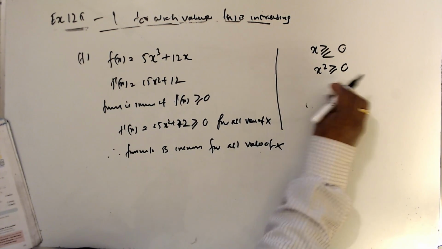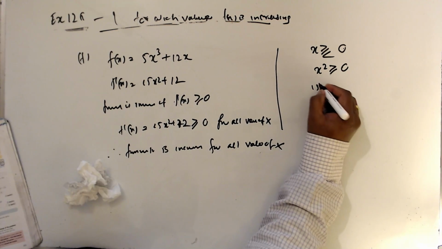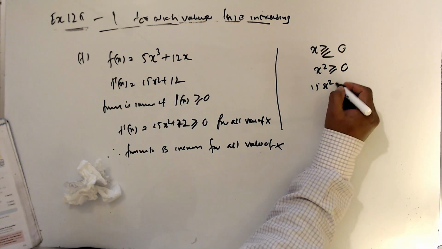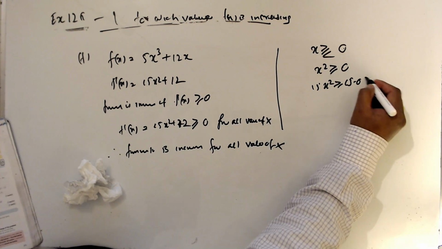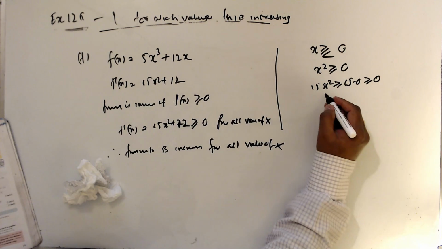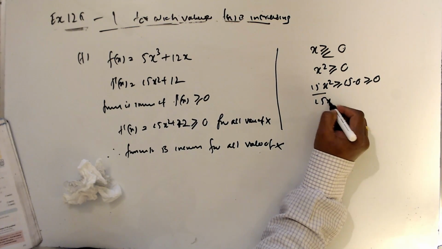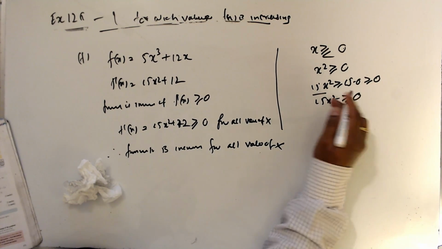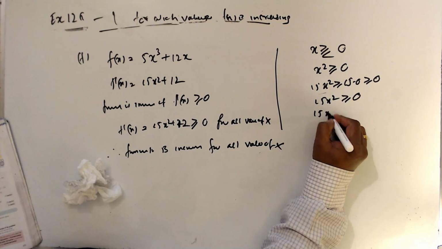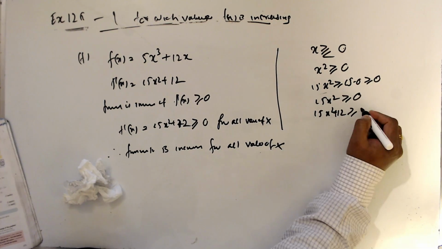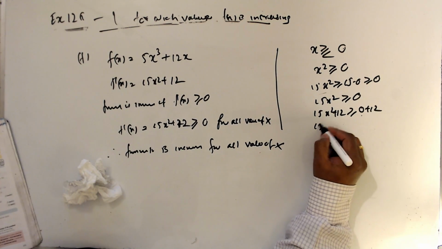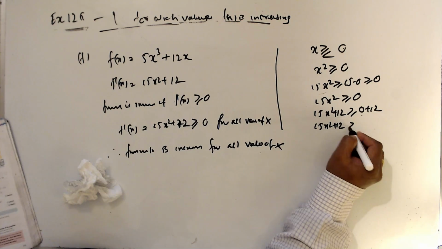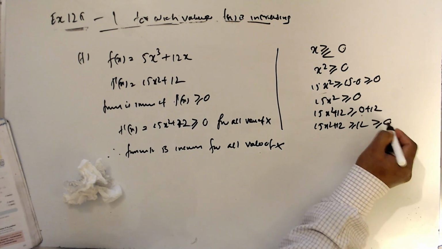I will do it like this. 15x square equals 15 times x square, which is greater than or equal to 0, because x square is greater than or equal to 0. Now I'll add 12 to both sides. Now 15x square plus 12 is greater than or equal to 12, which is definitely greater than 0.